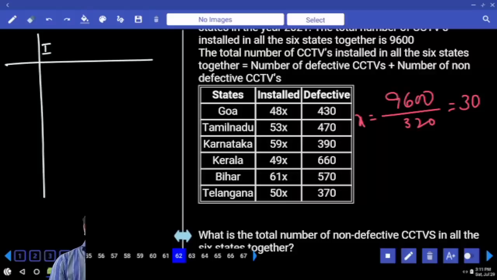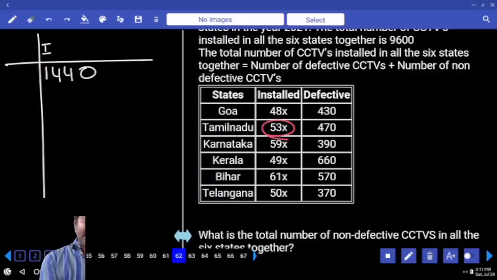CCTVs which are installed. 1x is equal to 30. 48x, 48 3 times, 144. 53 3 times, 159 and then a 0. 59 3 times.